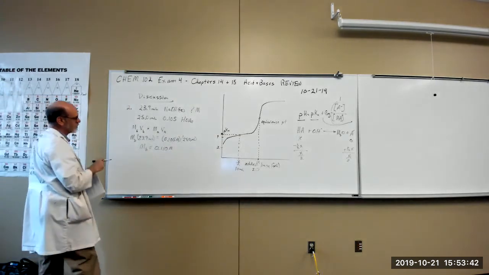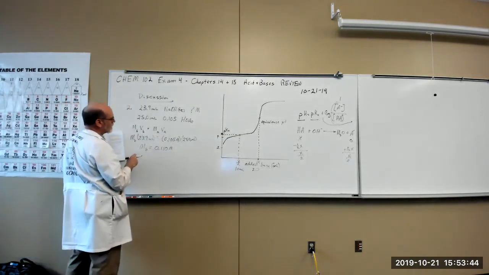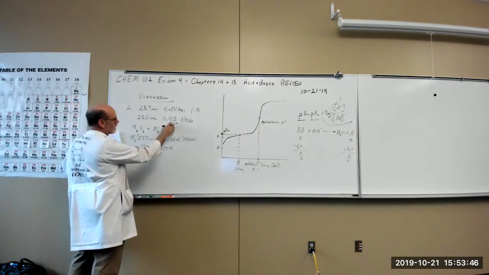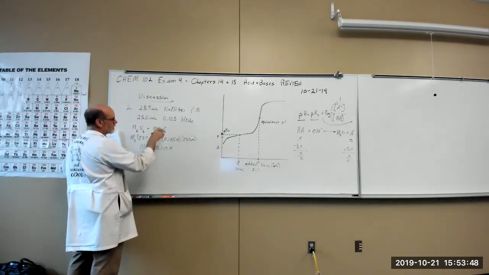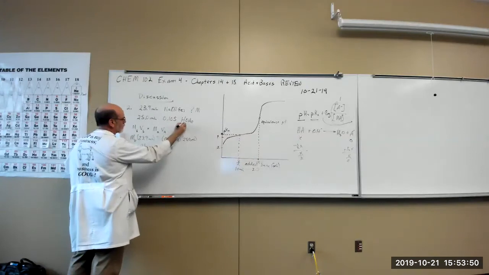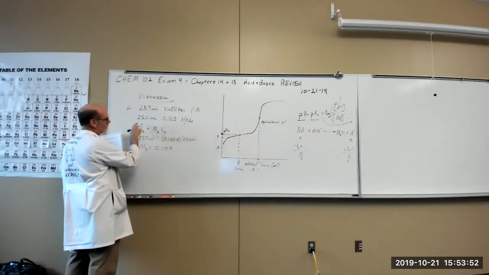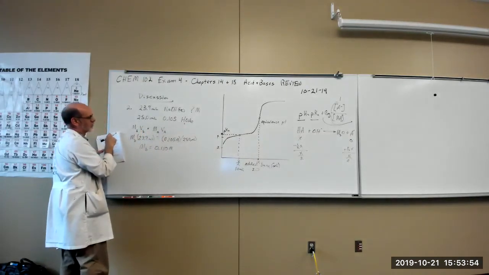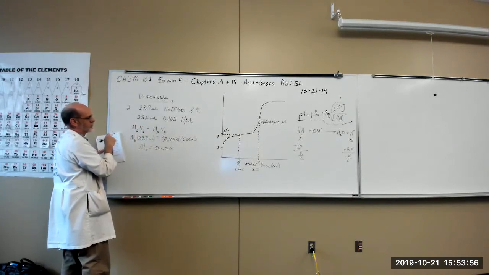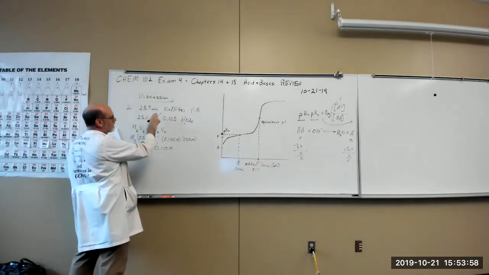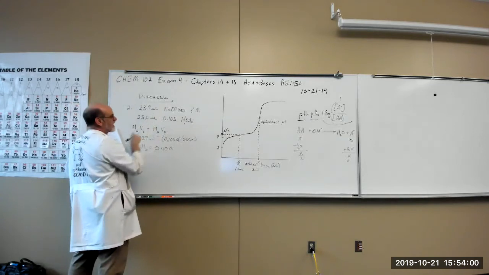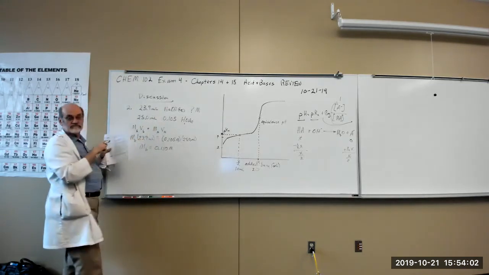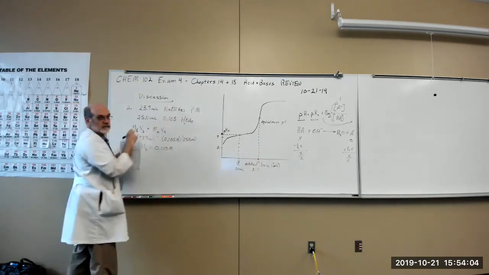So what would we do if we had a diprotic acid here? That's 2 protons. Well, the normality of the base would be the same, right? Because it's only got 1.